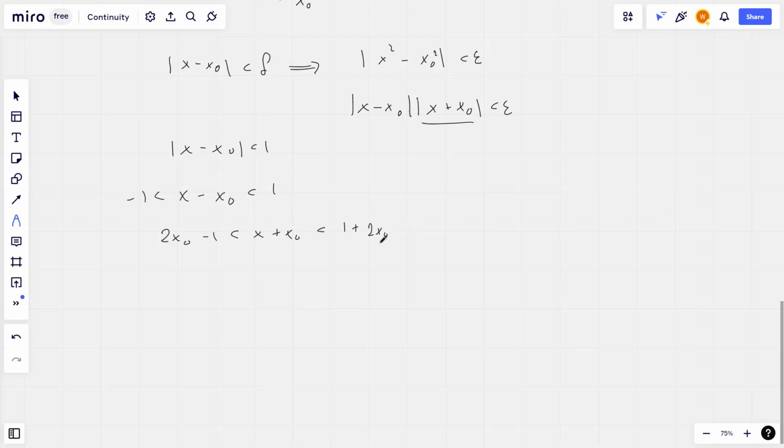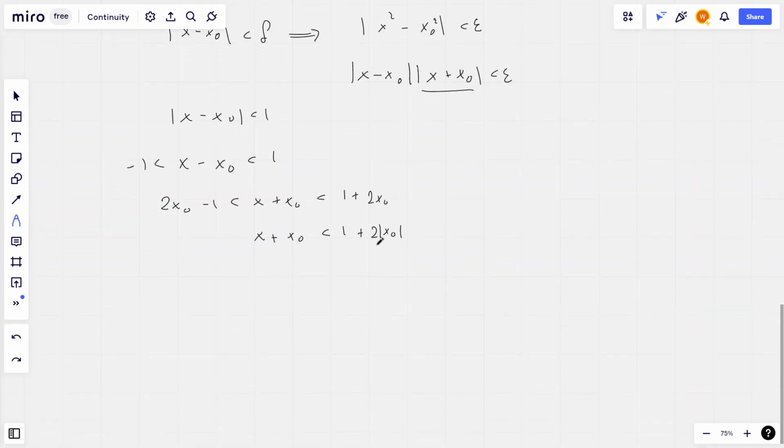However, we need to consider that our x naught might be negative, so we can make up for this by saying that this is also less than the modulus of 1 plus 2 times the modulus of x naught, because this is either greater or equal to x naught. If it's negative, it's going to be greater. If it's positive, then it's going to be equal.